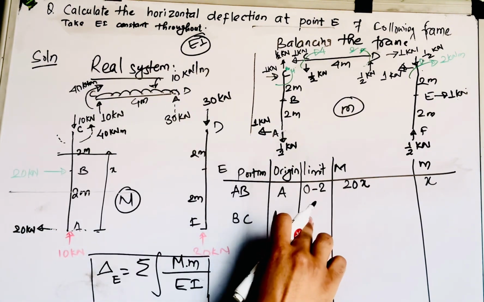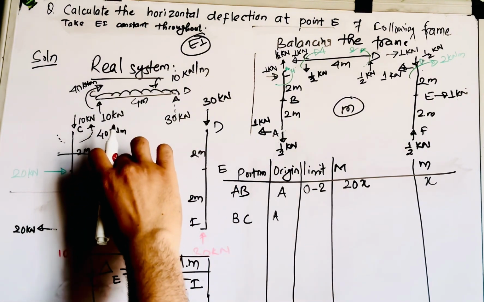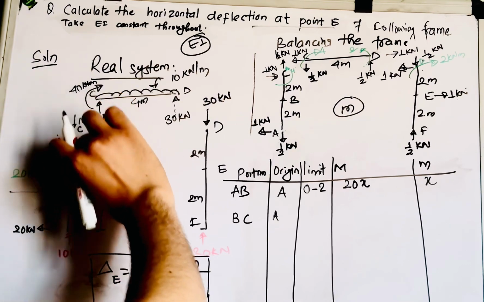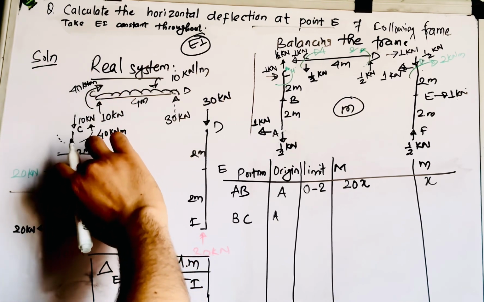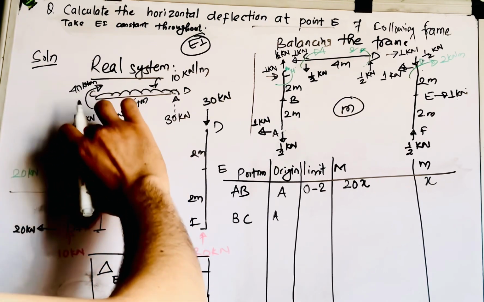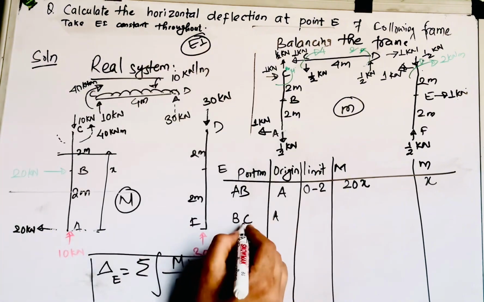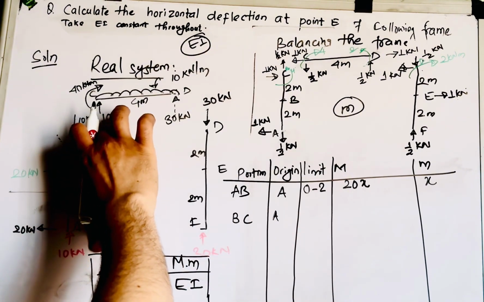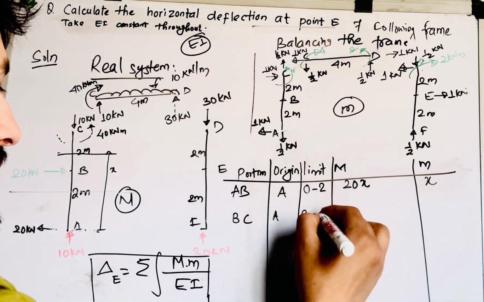Now you get my point. Your x will be like this, but your considered section is this, so the limit will range from 2 up to 4. It's a BC section, so x will be going from 2 up to 4, right? So you can write its limit as 2 to 4.